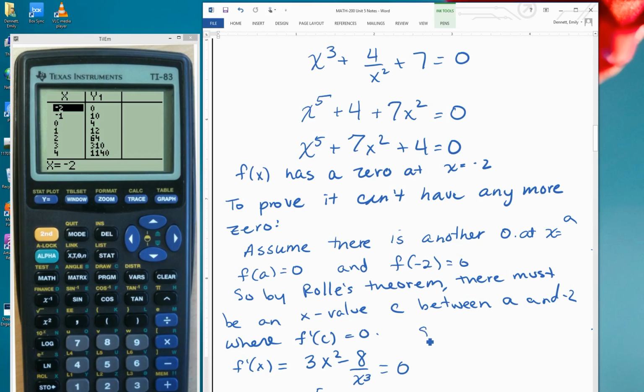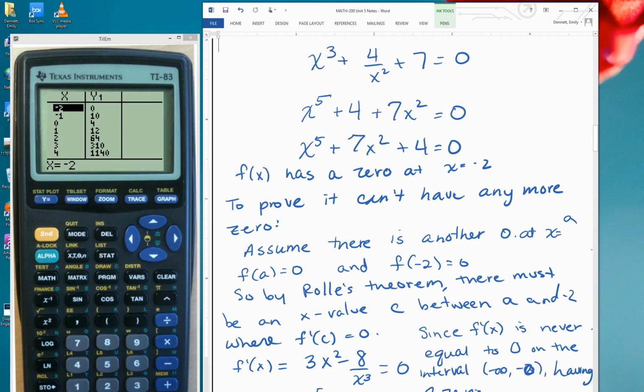So since f prime of x is never equal to 0 on the interval negative infinity to negative 2, or even 0, having two zeros would contradict Rolle's theorem.